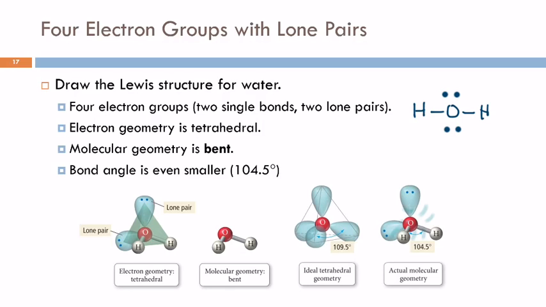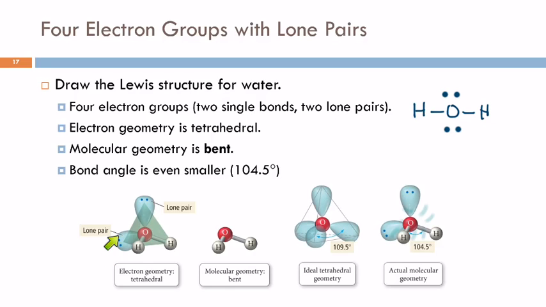So if I make that invisible, that one goes away, and this one goes away. What we're left with is what's called a bent shape. That's a fancy name, huh? It's bent. Some books call it angular. I like bent. It's short and to the point. So we get this bent geometry because we're thinking of these lone pairs as being invisible. I'm just going to put them back.